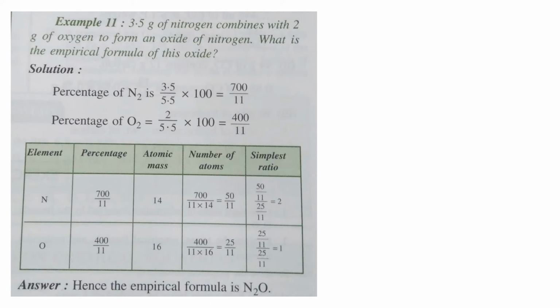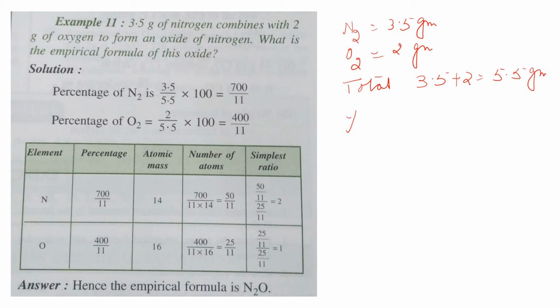3.5 gram of nitrogen combines with 2 gram of oxygen to form an oxide of nitrogen. What is the empirical formula of this oxide? Now I have nitrogen, that is 3.5 gram, and oxygen 2 gram. That means the total mass of this oxide, which is formed by nitrogen and oxygen, is 3.5 plus 2, that is 5.5 gram.